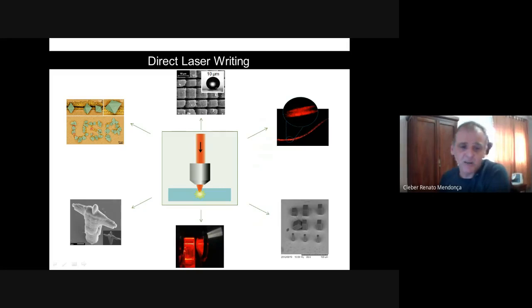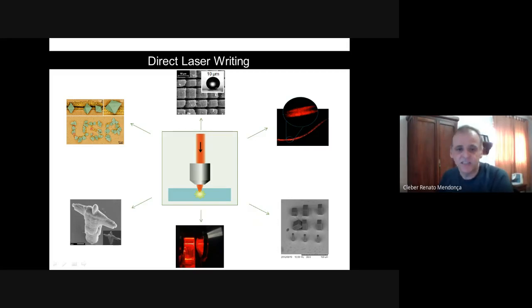In our group in São Carlos, in the last few years, we have been using femtosecond laser micromachining or direct laser writing to fabricate, for instance, surfaces in which we can control the wettability of that surface. We have demonstrated the fabrication of waveguides, three-dimensional microstructures made out of polymers, volumetric waveguides, three-dimensional microstructures for several other applications, and also localized crystallization of materials.